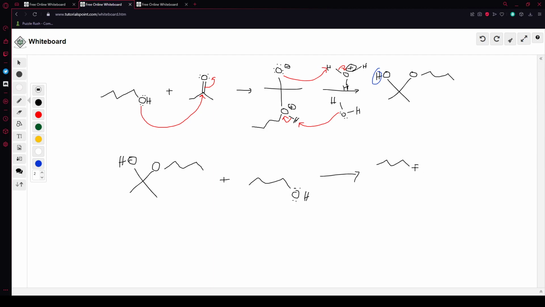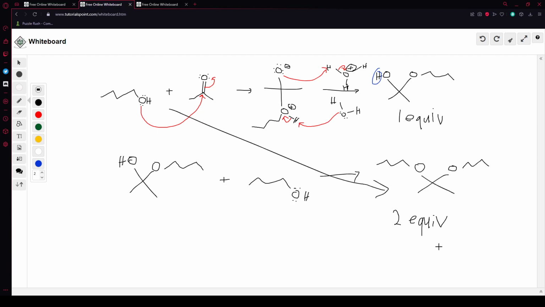So not just a hemiacetal, but an acetal where the alcohol has been replaced by this R group again. So this reaction is one equivalent, and this reaction is another equivalent. So to get from here to here, you need two equivalents.